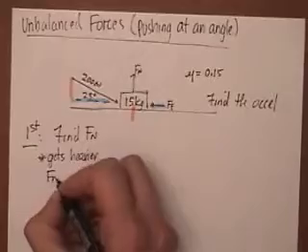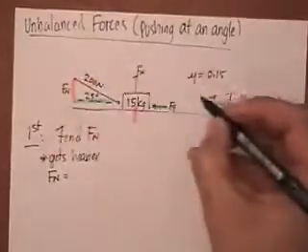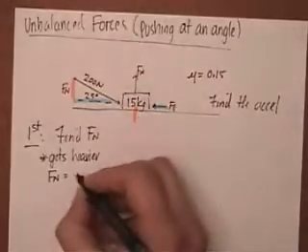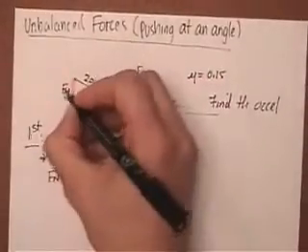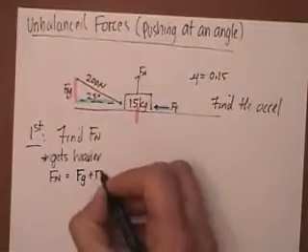So when we find our normal force, it's going to be heavier, so that's going to mean that Fn is going to have to add, or sorry, this isn't Fn, this is Fy. Fy is going to add to Fg.